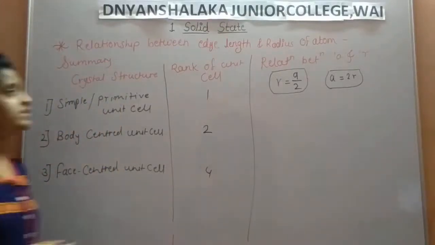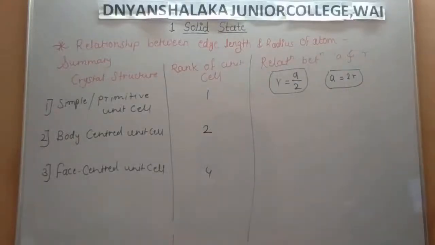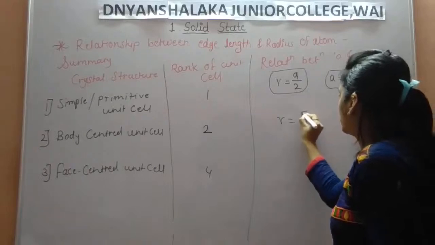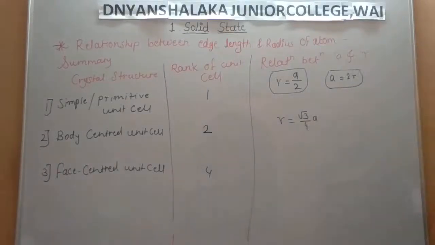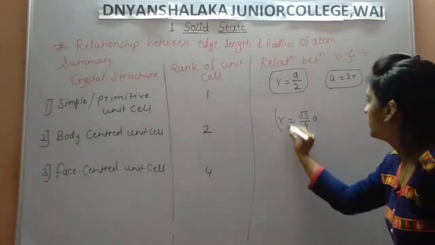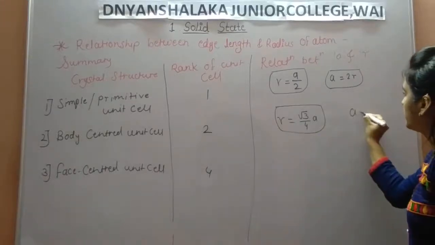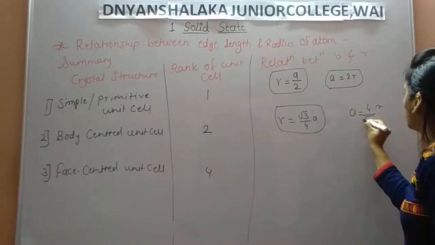So next we see the relationship between A and R. For the body center unit cell we discussed R is equal to root 3 upon 4 into A. This is our first relation. And the next equation, A is equal to 4 into R upon root 3.